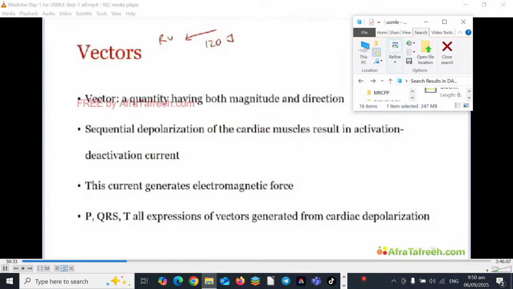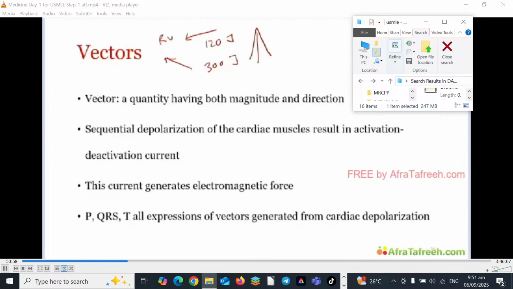If a patient develops right ventricular hypertrophy, that is, he becomes more beefy and muscular, he would require 300 joules of electricity. That means the magnitude increased. There was an increase in the magnitude. And there is a direction also, it becomes more towards the right ventricle. So this is the concept of an electrocardiogram.